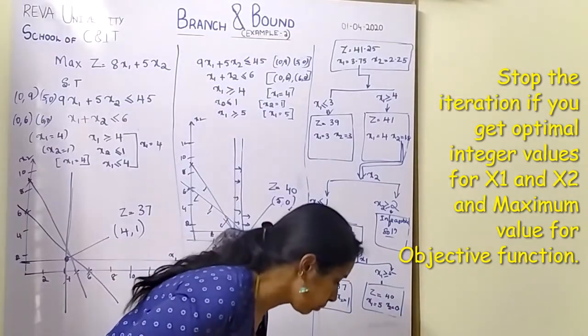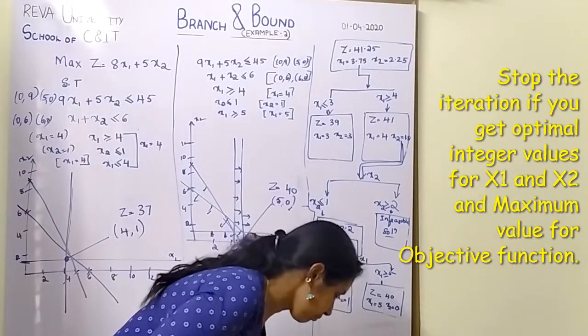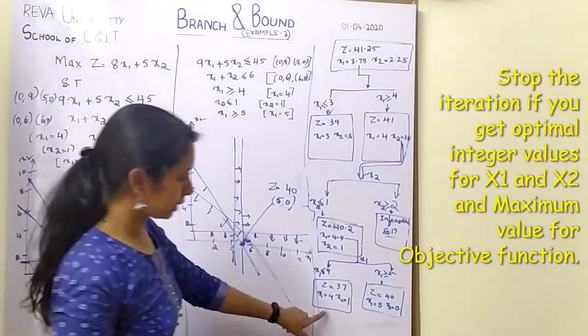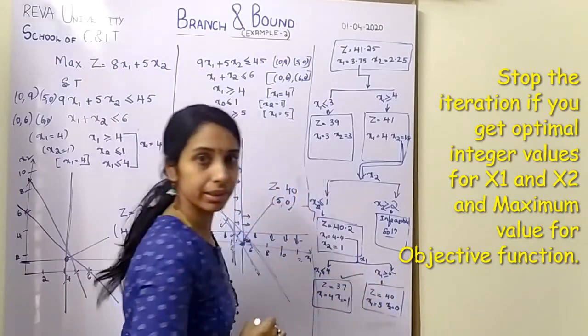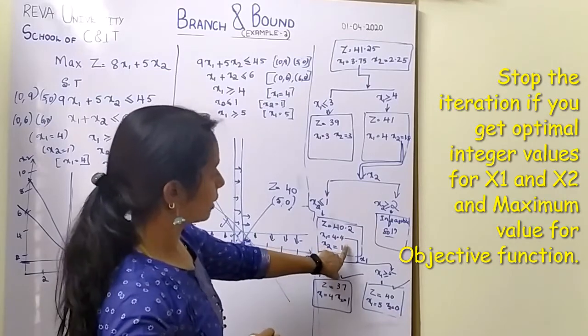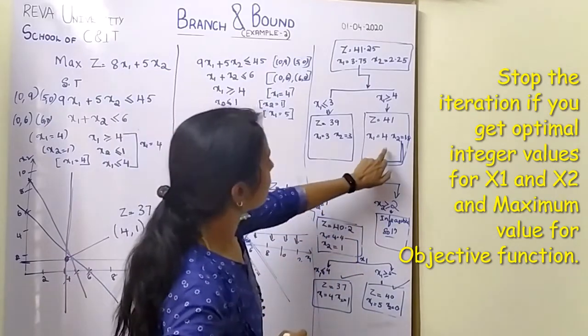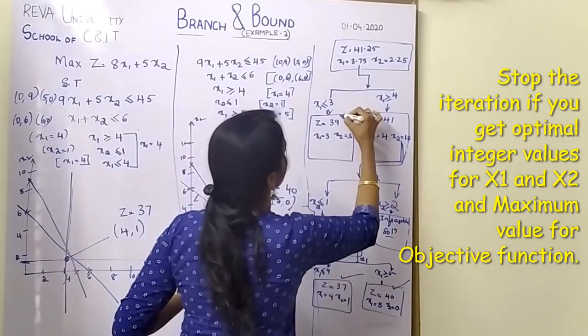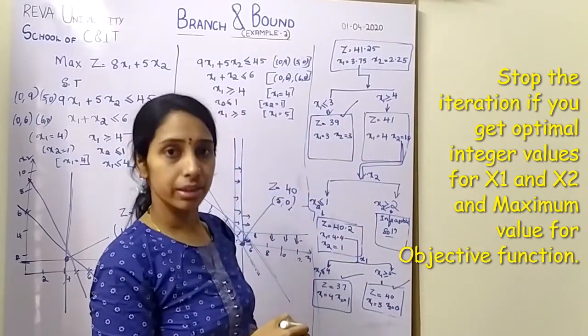Okay, now we'll see which one to consider. See, this is our integer, so we can consider this. These are decimal, no. This is our integer, we can consider this case.